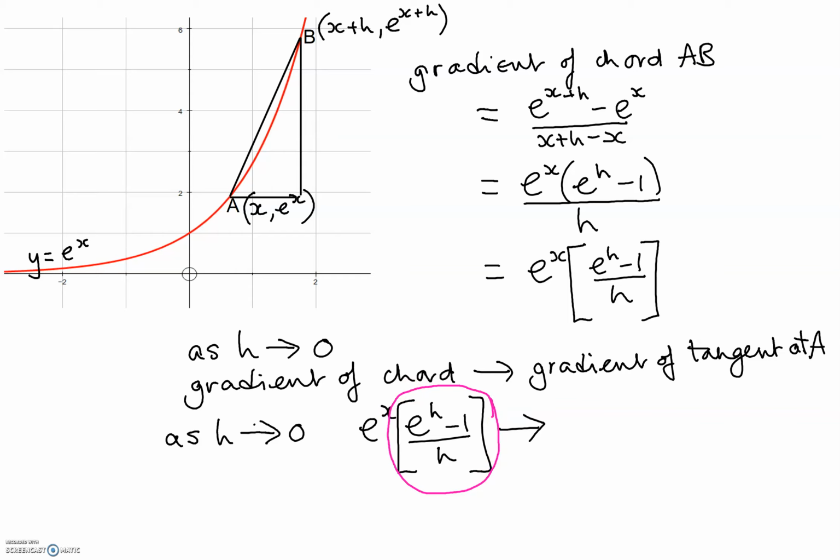And so this whole expression is going to tend to e to the x times 1, which is e to the x. So the differential of e to the x is e to the x.